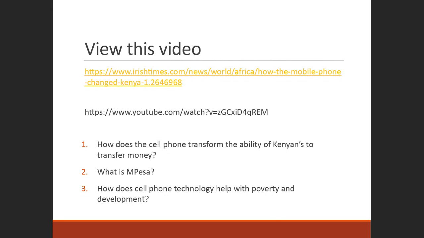And M-Pesa is a lot like Venmo or PayPal, where you can just transfer money. But it has revolutionized the lives of many, especially in rural areas, because, for example, it used to take hours to go on a bus to go pay your electricity bill or to deposit money in a bank. And now you can do that through cell phone technology. So people are really talking about its transformative power in terms of development and poverty assistance.